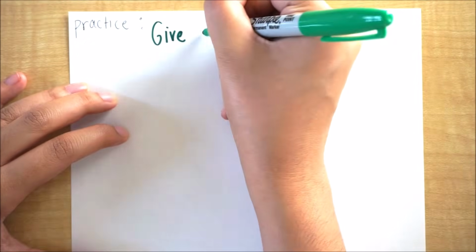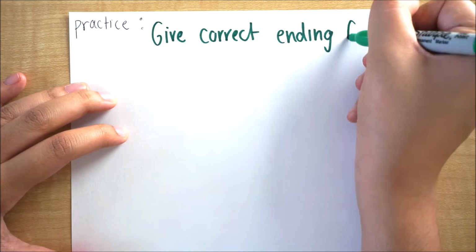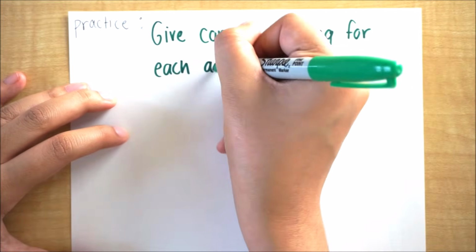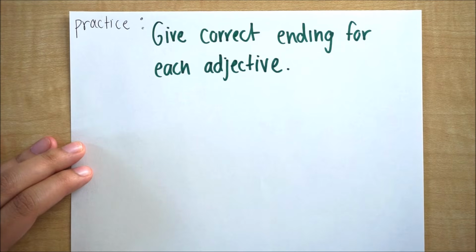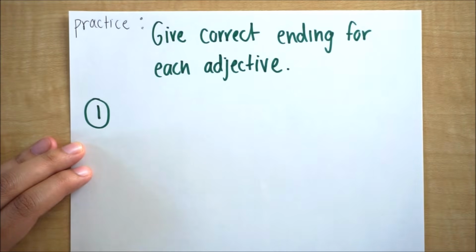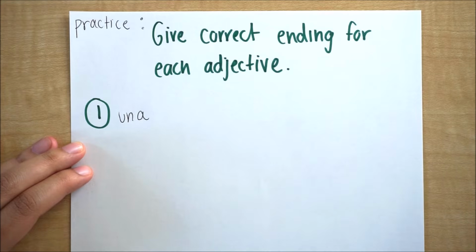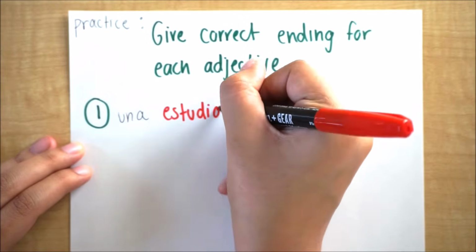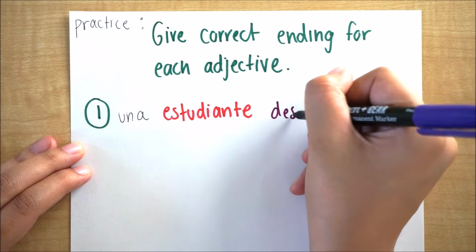All right, so let's go ahead and do some practice problems. So these are really going to help you understand what we have learned today. So in this practice, I want you guys to give the correct ending for each adjective. So I'm essentially going to be writing a sentence that includes the definite article, the noun, and the adjective, and you have to figure out what the ending of the adjective is.